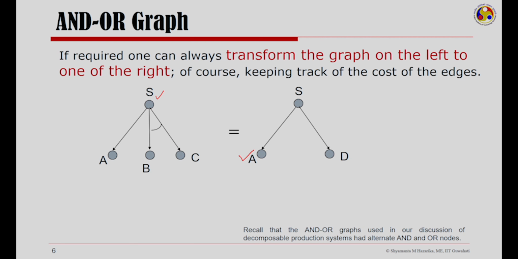So, for that we introduce an auxiliary node D, and D will be solved if we could solve B and C. So, we can transform the graph on the left to the one on the right, but of course, we need to keep track of the cost of the edges.